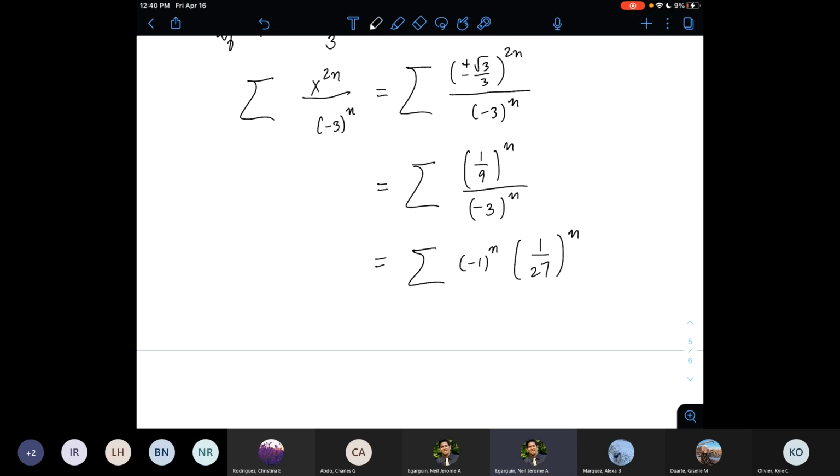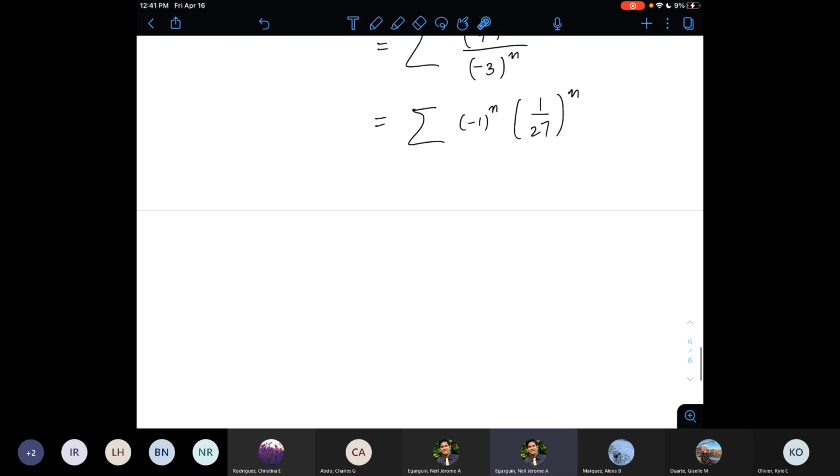Do you agree? Now what happened here? I have -1 to the power n. I put that in here. And then I have 1/9 to the power n all over 3 to the power n. I can write them under a big power n, right? So I'll have 1/9 divided by 3. That's going to be 1 over 27. Okay.